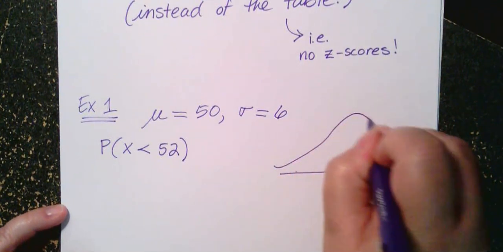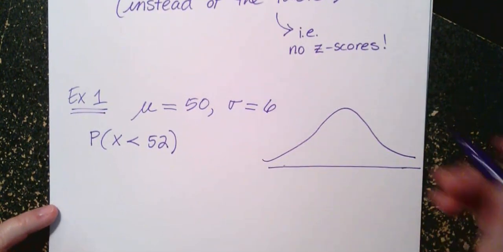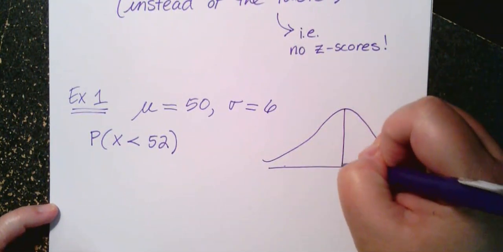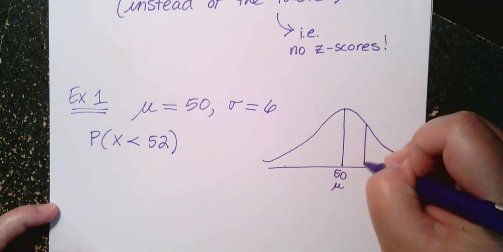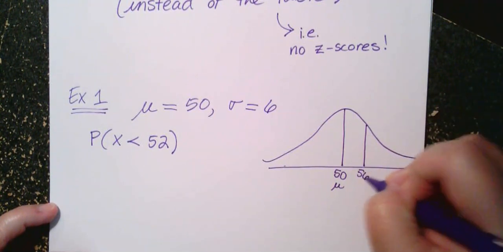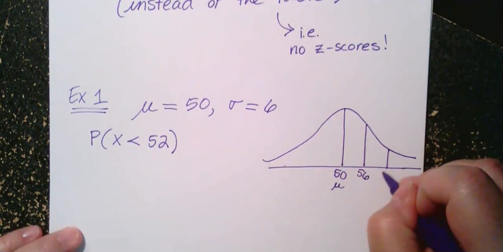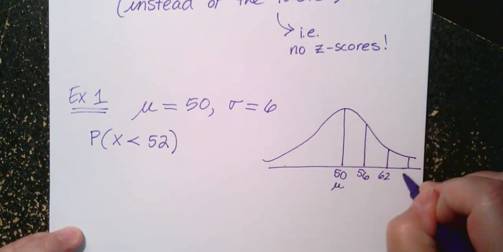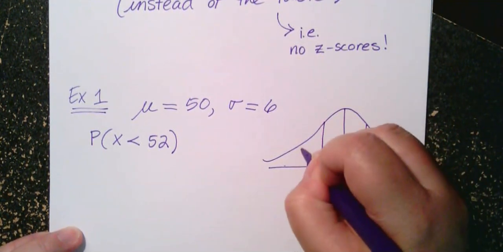I'm going to go ahead and fill in those numbers, the standard deviation markers, so to speak. In other words, 50 is the mean, and one standard deviation above that would be at 56 because I add 6 from right here, and 2 would be at 62, and 3 would be at 68, and then subtract 6 to go to the left.